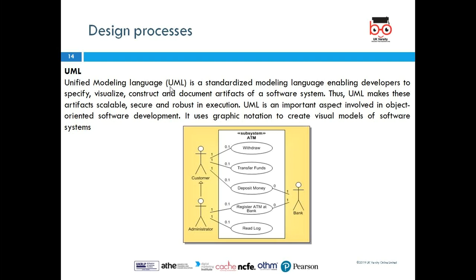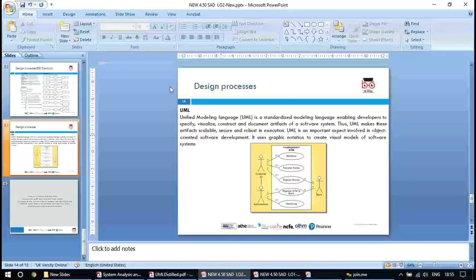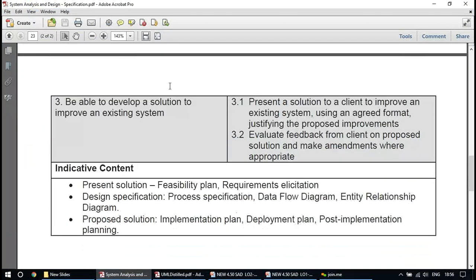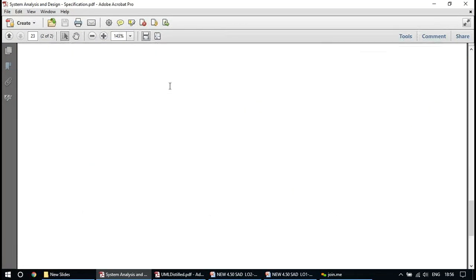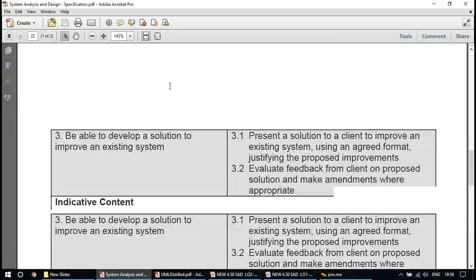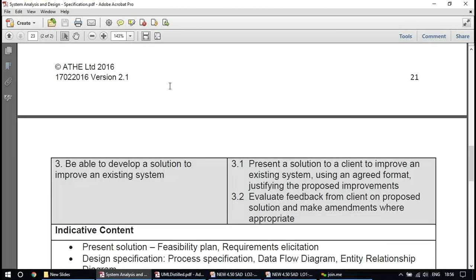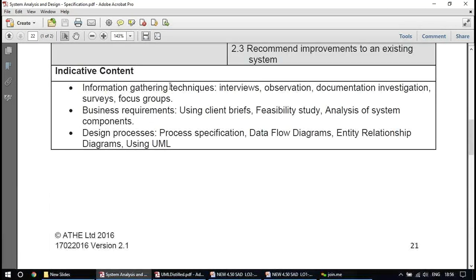Maybe you can go through any document or YouTube, and compare with non object oriented analysis, and then in the next session we will discuss LO3 and the start of detail about the UML, how it is helpful, what the diagrams are, and which diagrams are used in the UML.